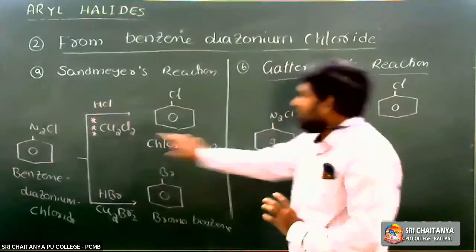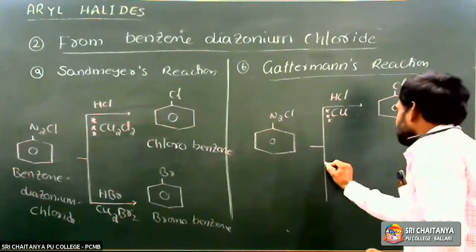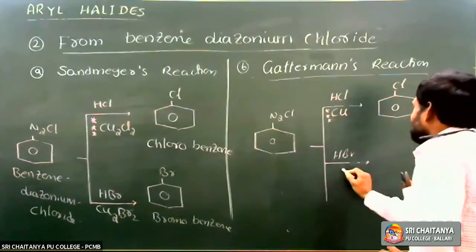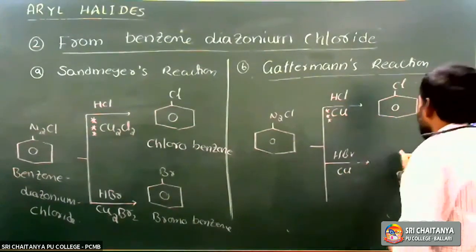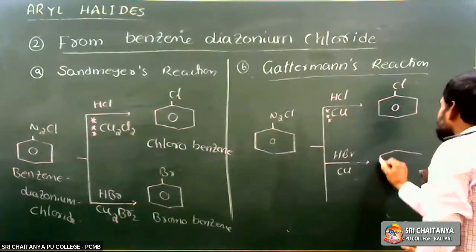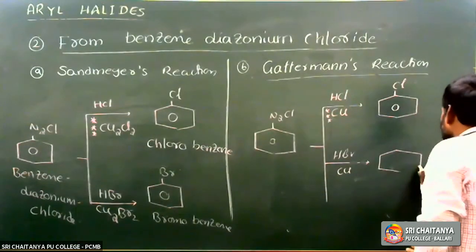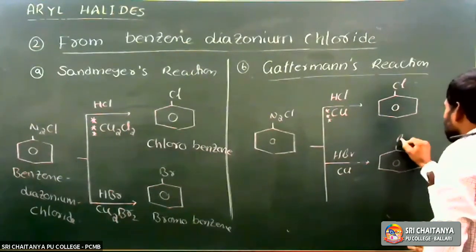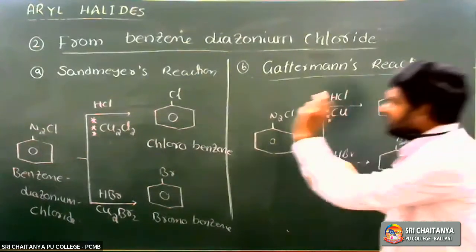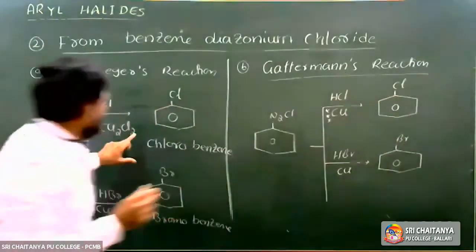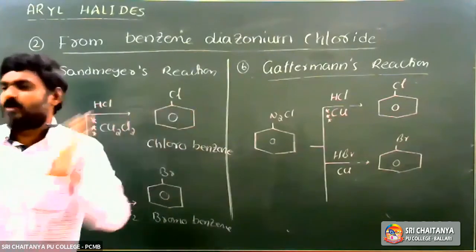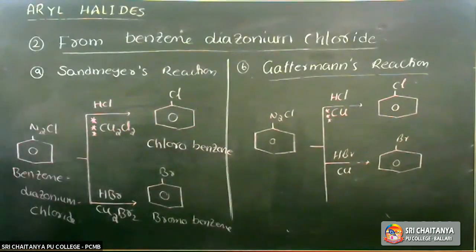Instead of cuprous chloride, if you use copper, it is called Gattermann reaction. It reacts with HBr in presence of copper, and bromobenzene is obtained. That is the only difference. If we use Cu2Cl2, it is called Sandmeyer reaction. If you use only copper powder, it is Gattermann reaction.